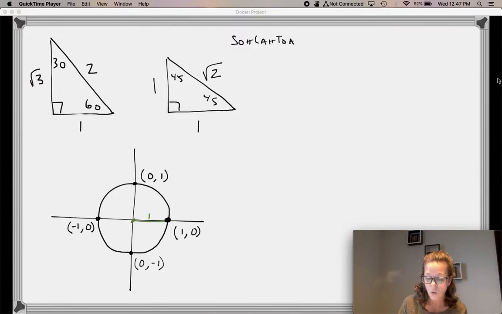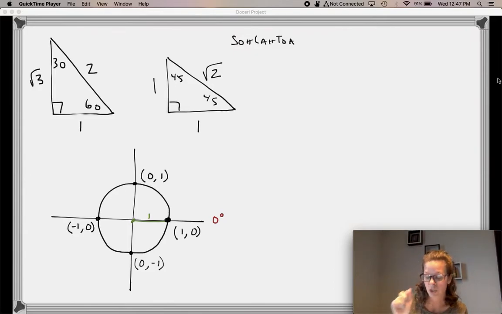We always begin at our positive x-axis to name our angles. We're going to say this is 0 degrees over here. Think of it like a hinge. Then 0 is at that line, and we're going to start opening up the hinge. When we measure angles, we always go in a counterclockwise direction.